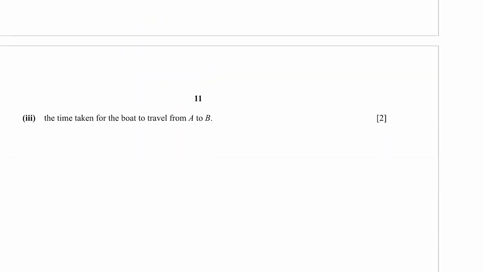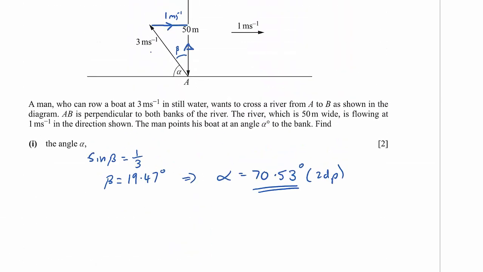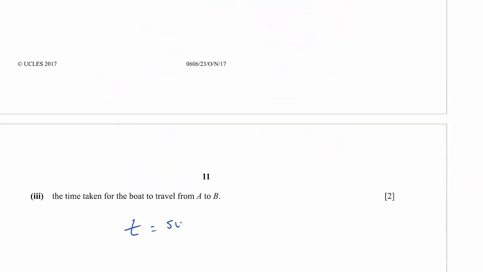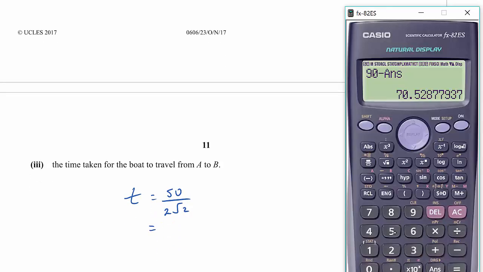And then we want the time taken for the boat to travel from A to B. Well, that's just going to be the distance, which I believe was 50 meters. Let's just go back and check. Yep, that's 50. Divided by the speed, which is 2 root 2. So we've got 50 divided by 2 times root 2.